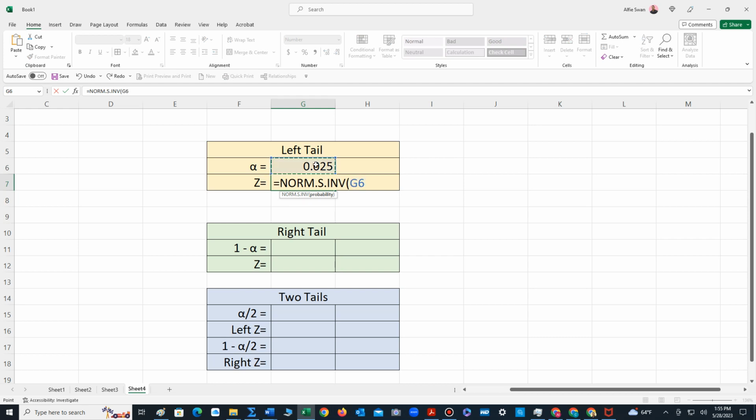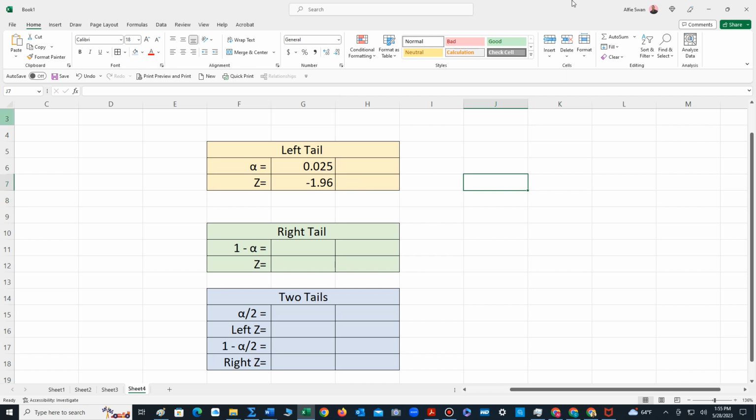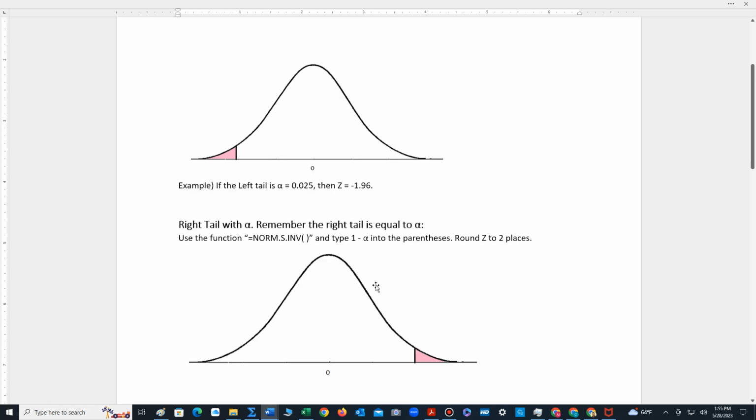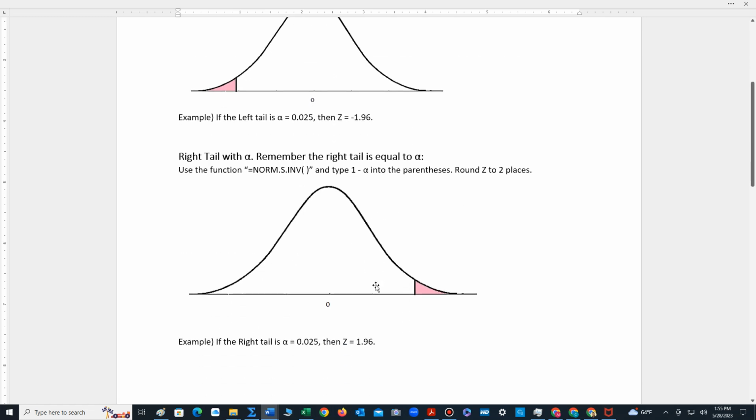We click on the left tail area, hit enter, and it's negative 1.96. Negative 1.96.